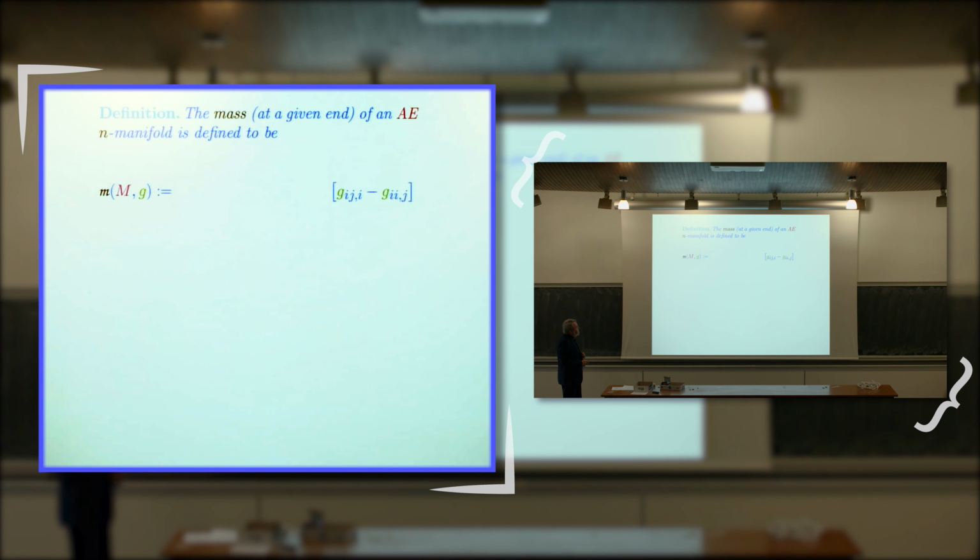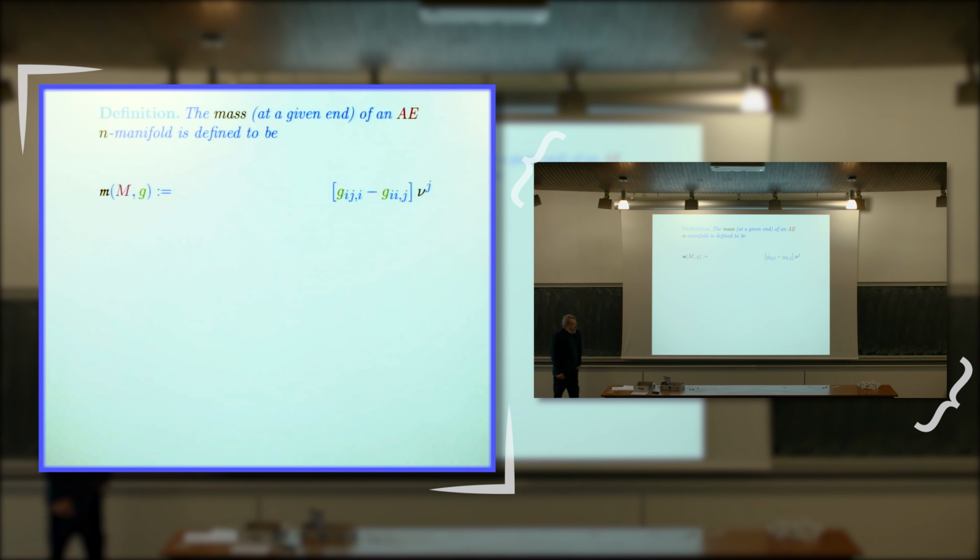All right, now comes the weird thing which fell out of physics. One associates to each end of an asymptotically Euclidean manifold a number which is called the mass. And it's defined in the following very peculiar, coordinate-dependent way. You begin by looking at the divergence of the metric minus the gradient of the trace of the metric.